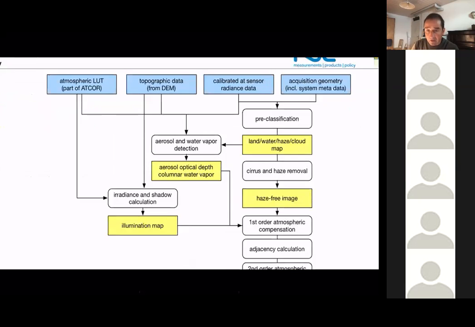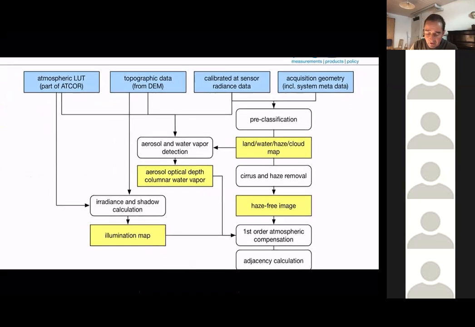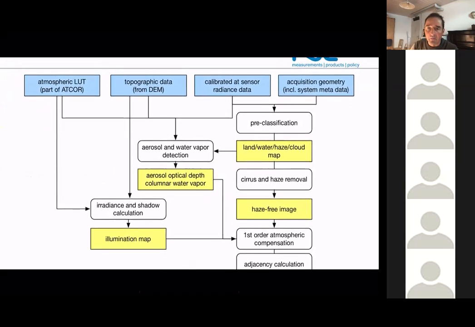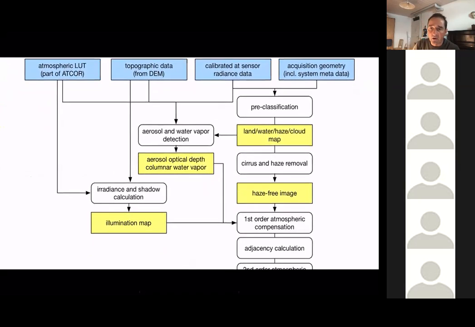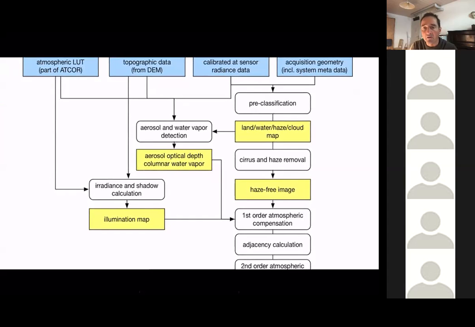So that's how it looks like as a correction, as a scheme. We start with the lookup table, topographic data, the sensor data, and the geometry. First one does a little pre-classification, because for the parameter retrieval, we need to know where the water is. We need to know where clouds are, such that we get correct results.